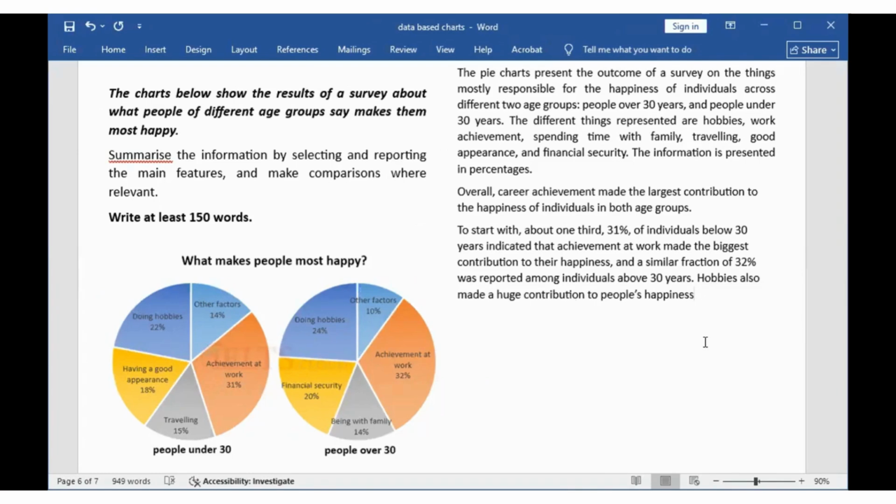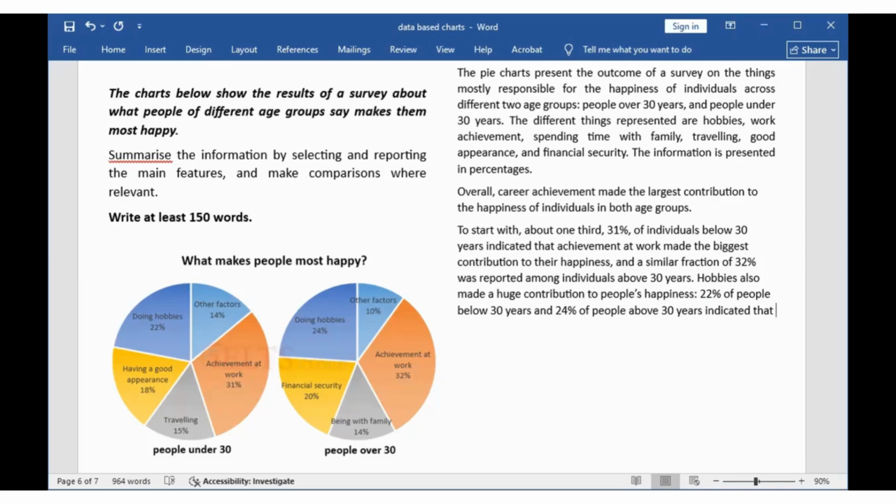I'm not going to put a colon here. 22% of individuals, or let's say people, below 30 years and 24% of people above 30 years indicated that doing hobbies, let's paraphrase.